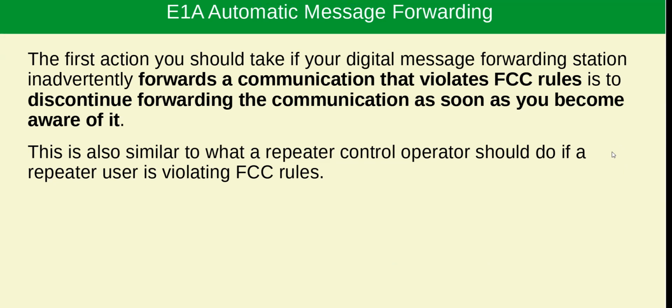Okay. First action you should take if your digital message forwarding station inadvertently forwards communication that violates FCC rules is to discontinue as soon as you become aware. I don't think they go on and talk about reporting it anywhere other than the fact that you're supposed to stop as soon as you are aware of it, if it's a continuing thing.